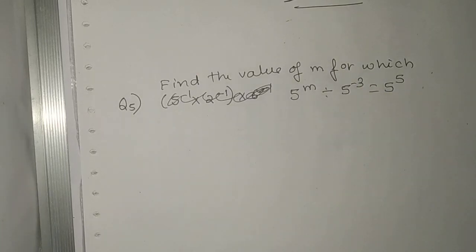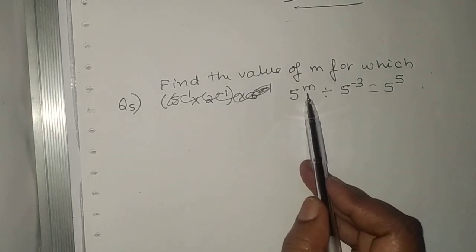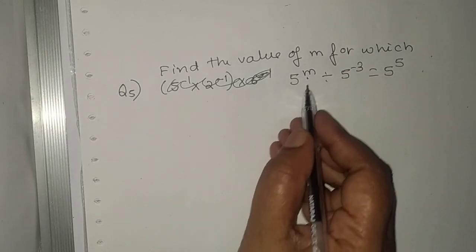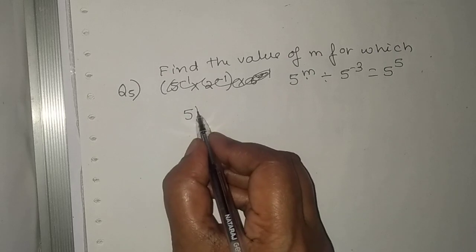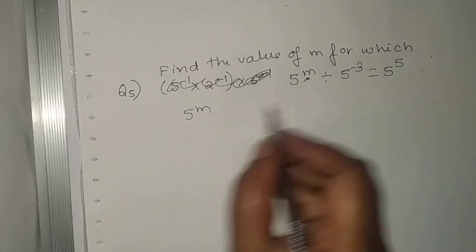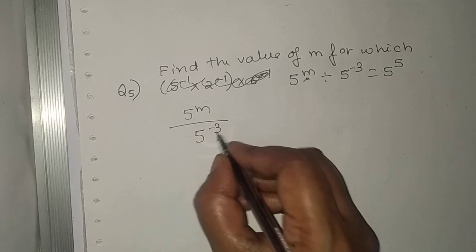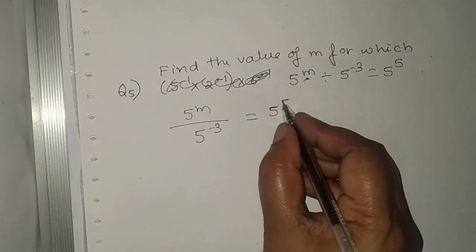We have to find the value of m here. This is the fifth question. So for this the first step is write 5 power m as it is, divided by 5 power minus 3 as they have given, which is equal to 5 power 5.